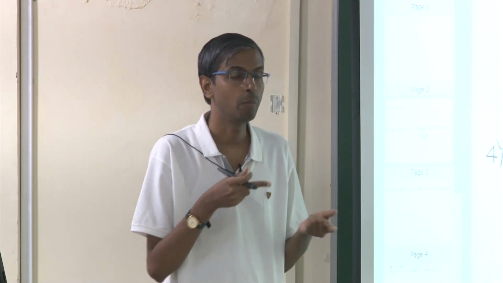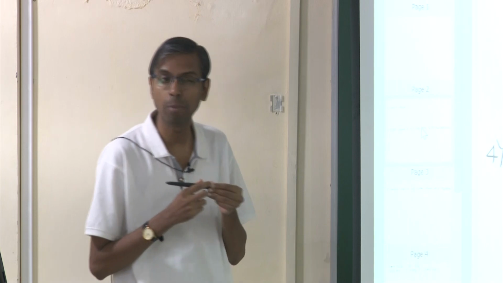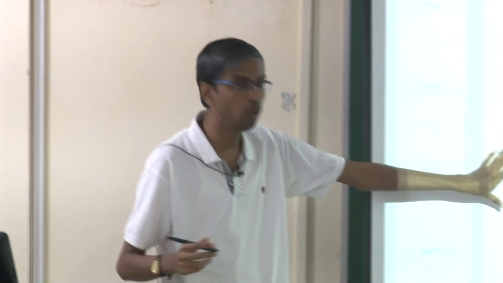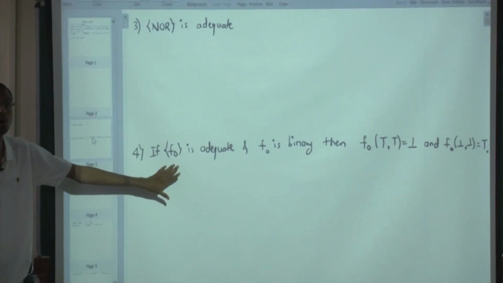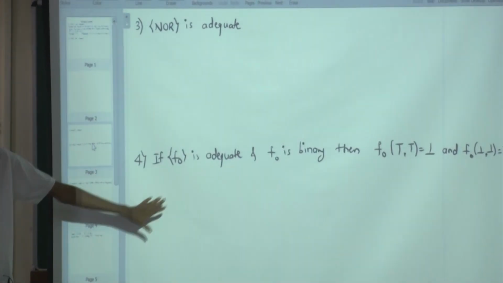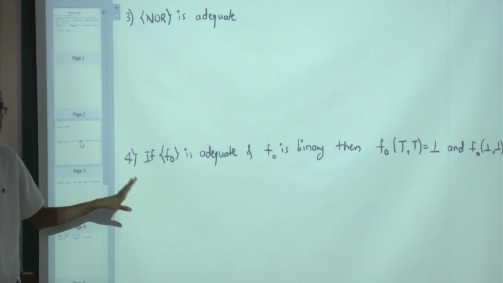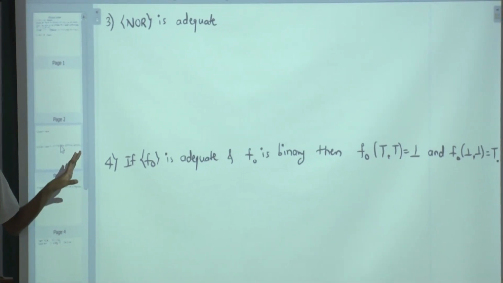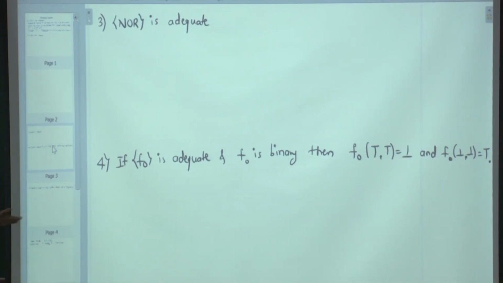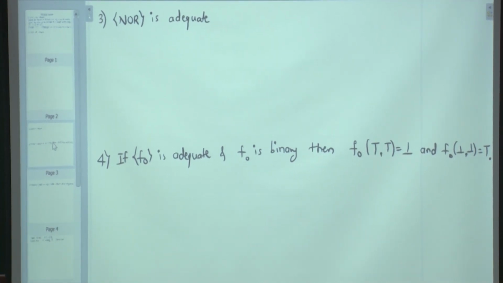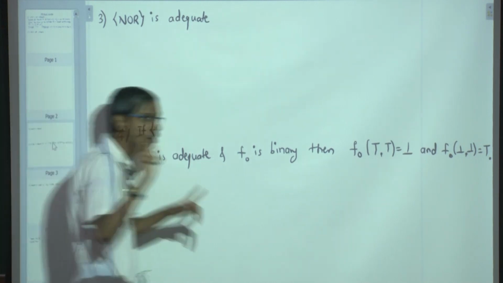Okay, so now let us do some logic. We want to prove 4 by contradiction, that is, by contrapositive. What is the contrapositive of this statement? Tell me. If F0 of true is not false or F0 of false is not true, then F0 is not adequate. Exactly, that 'or' is important.